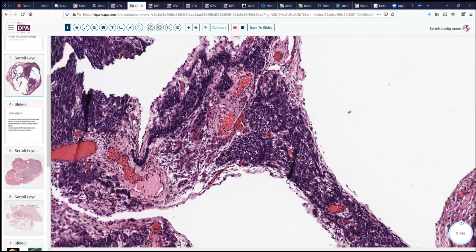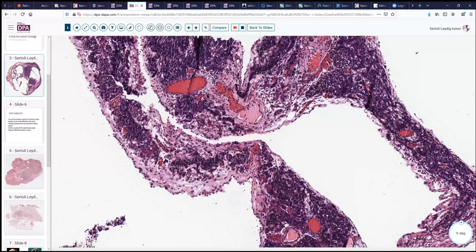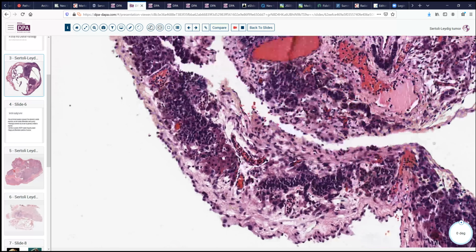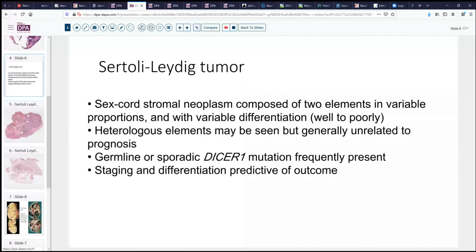Falling short of that, we might go the immunohistochemical route to see what sort of staining reactions we got with these two cell types. This, though, is a nice example of a biphenotypic tumor occurring in the sex cord stromal category that we have come to love as the Sertoli Leydig cell tumor.